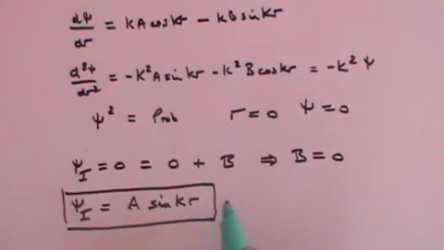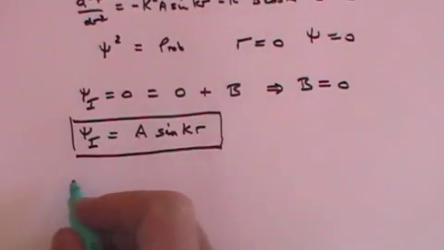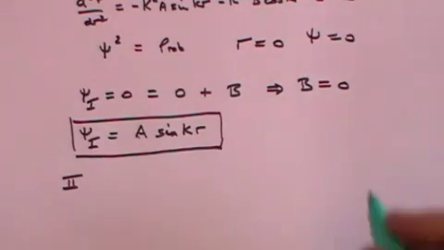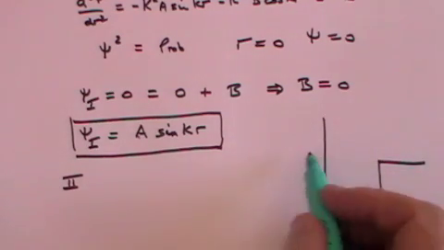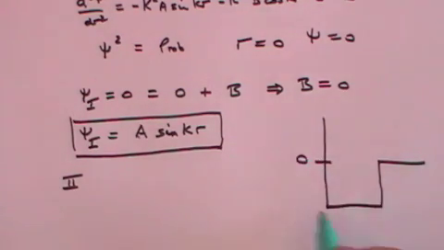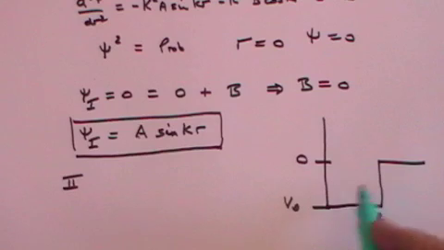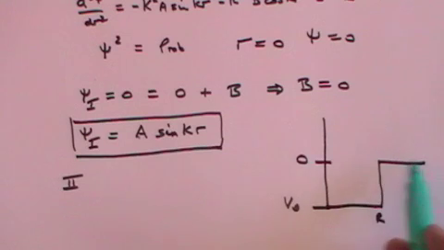inside the potential well. Now let's look at region 2, which you may recall. I'll just quickly redraw the regions here. I was saying that this is 0, this is V0, and this is R. And we've just calculated the wave function inside the well. Now we're asking what happens when the radius is greater than capital R. What happens then?